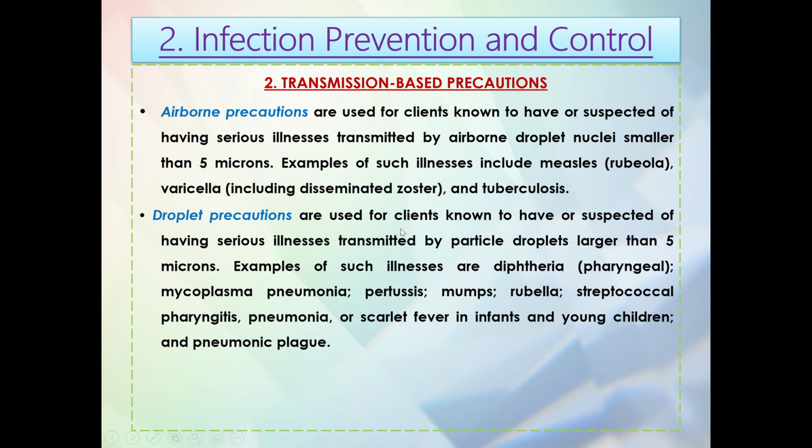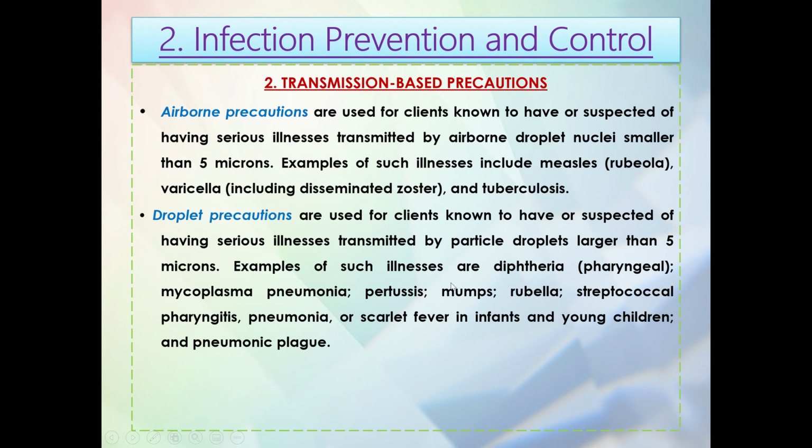So pag droplets naman, used for clients known to have or suspected of having serious illnesses transmitted by particle droplets larger than 5 microns. So yung kaibahan sa airborne, yung airborne, maliit lang siya, less than 5 microns. Yung droplet, larger than 5 microns na.